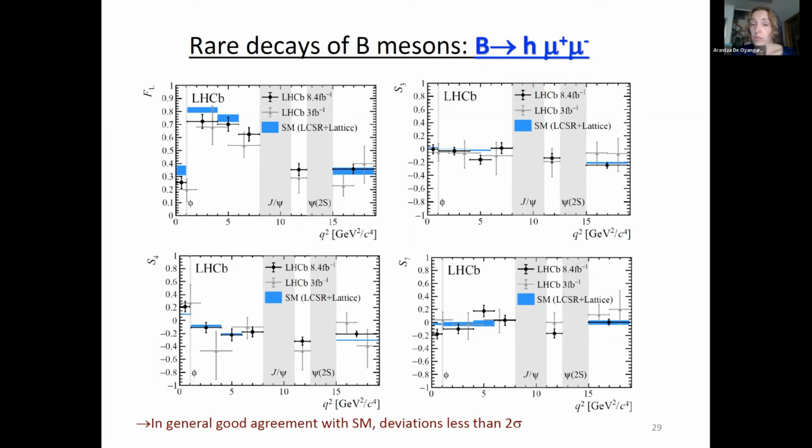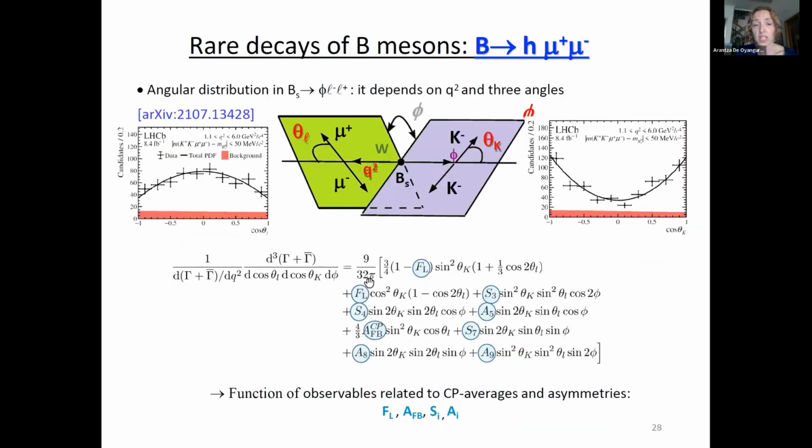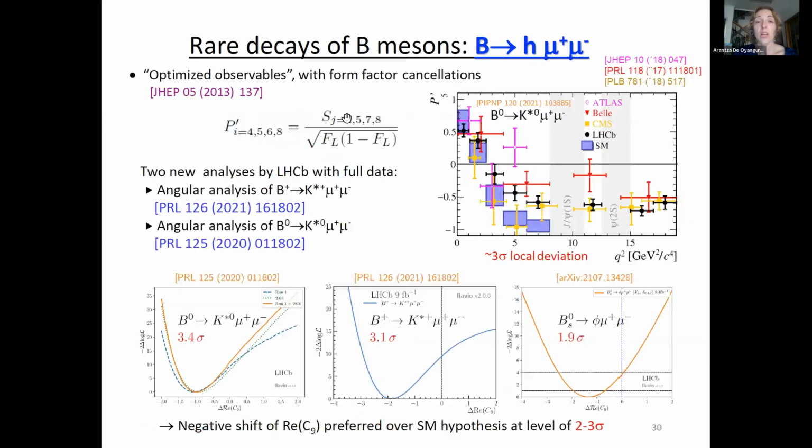But we have done this with many channels, and also using what are called optimized observables, which are ratios of the functions in this differential decay width that depend on the angles. If we use some specific ratios, they allow us to cancel the contribution of form factors, and they are cleaner compared to other observables.